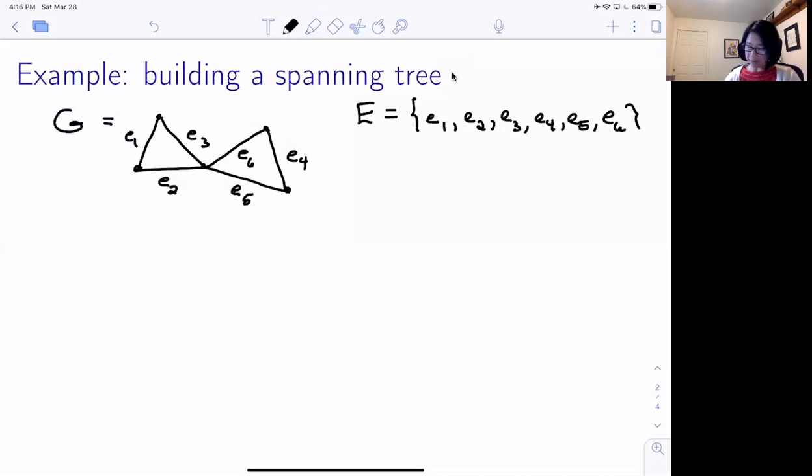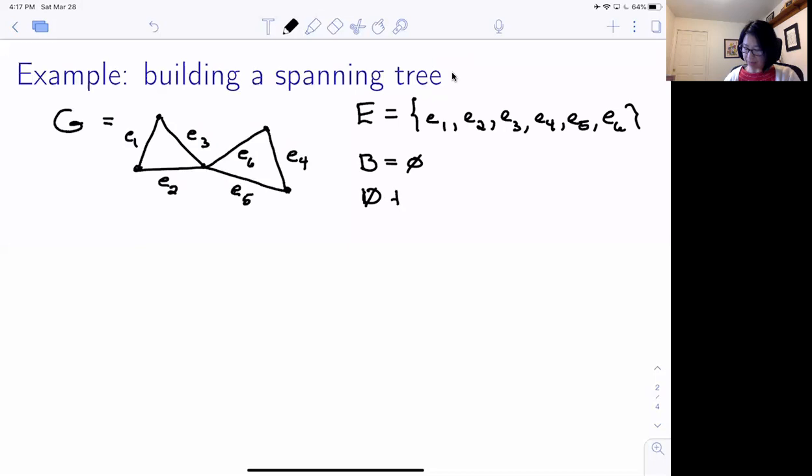What the algorithm does is first, let B equal the empty set. And then we ask, is the empty set plus E1 independent? I'm going to use the plus notation.